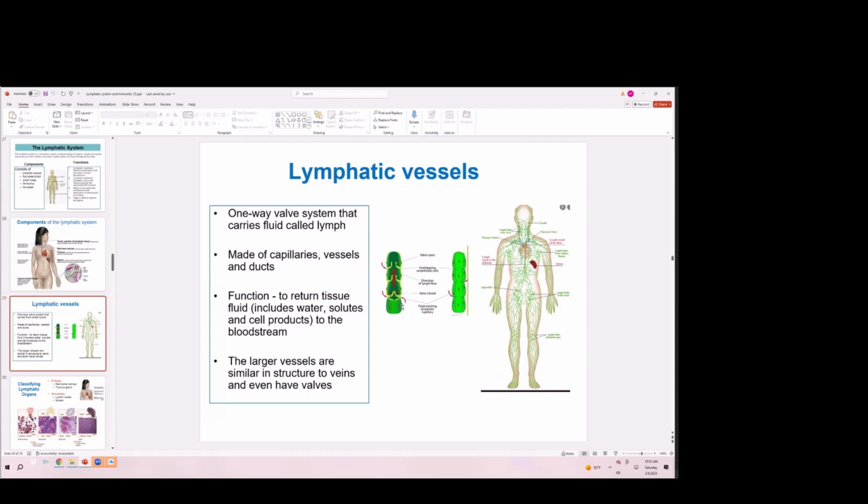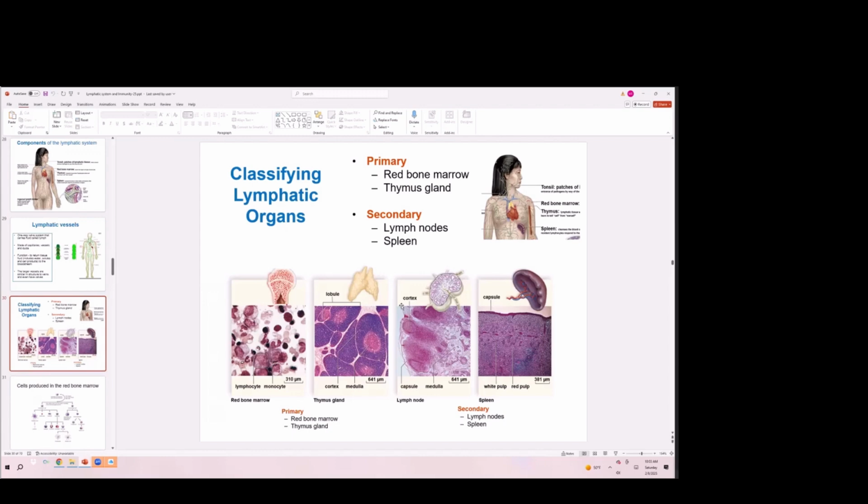And then I would move here and go to, when we look at the various organs, the various structures that are involved in this lymphatic system, some of them I started mentioning. We can classify them whether it's primary or secondary. Those that are considered primary would be the red bone marrow that is responsible for making the blood cells, and the thymus gland that I said some of the blood cells go to mature there.